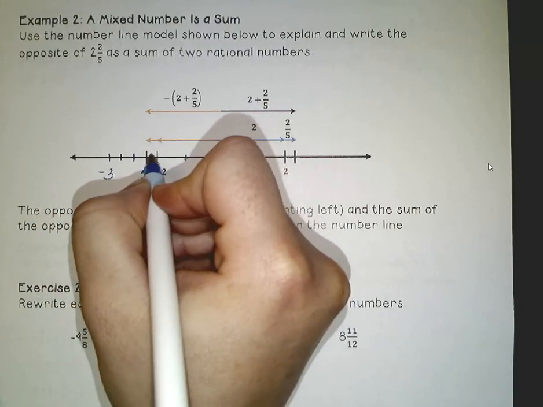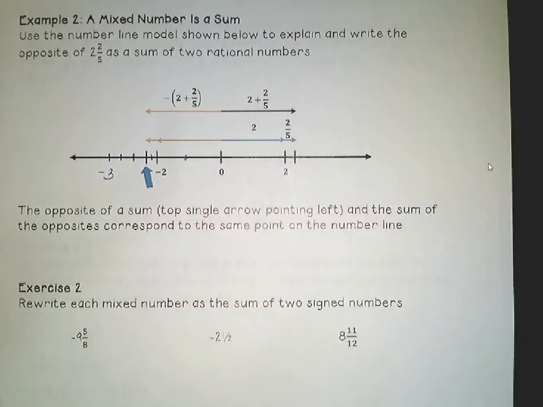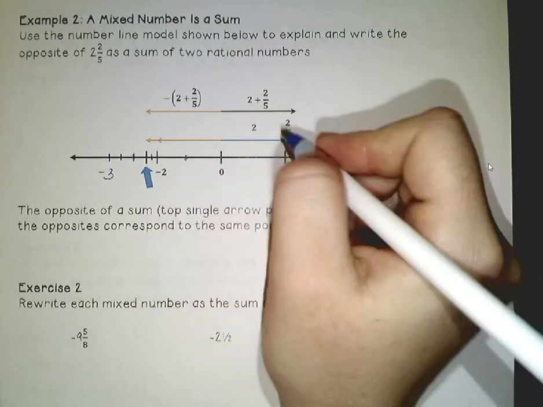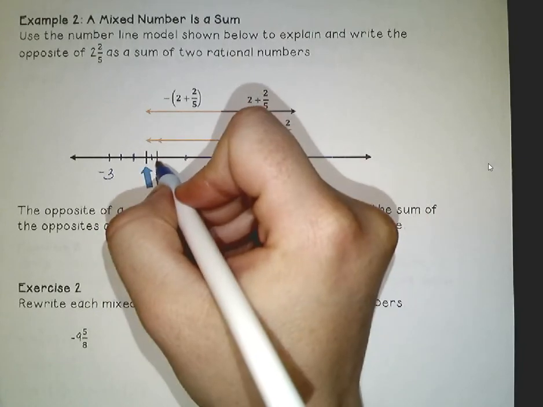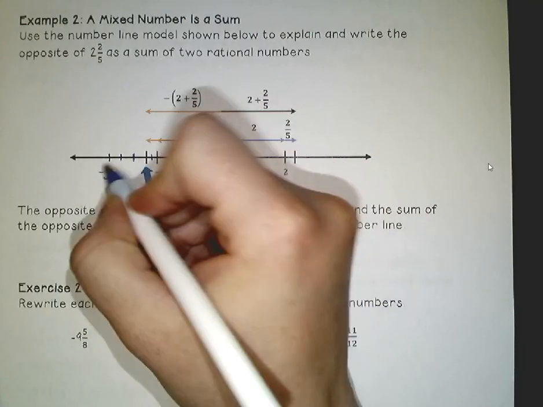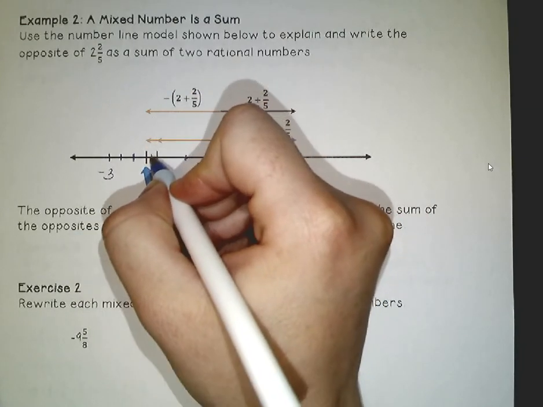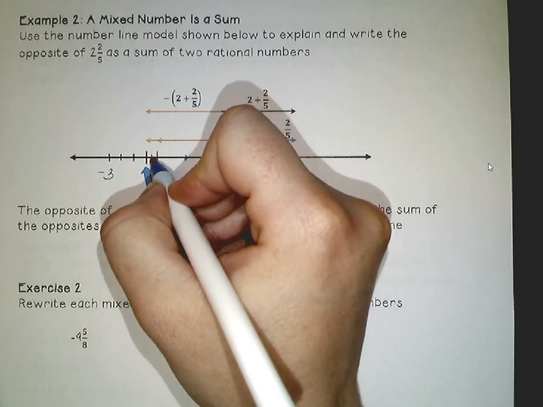It's probably not going to be exactly equal, but here I have divided the space between -2 and -3 into 5 spaces.